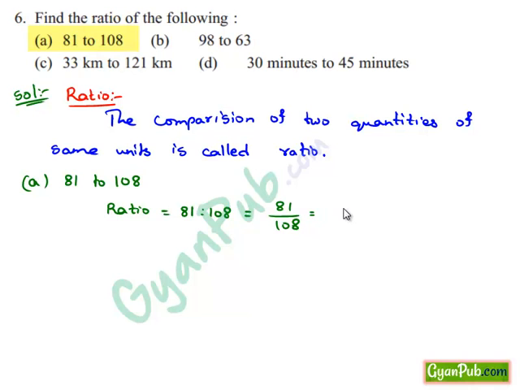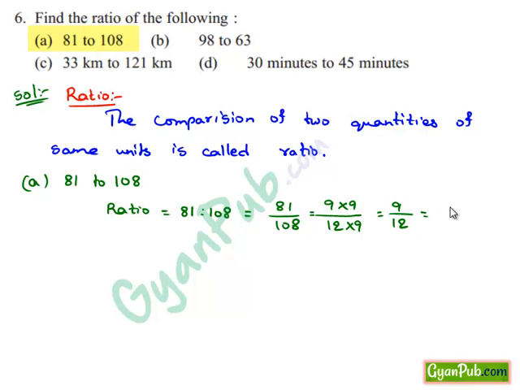This is equal to 81 can be written as 9 times 9 and 108 can be written as 12 times 9. The 9 in the numerator and 9 in the denominator get cancelled and we will get 9 upon 12.